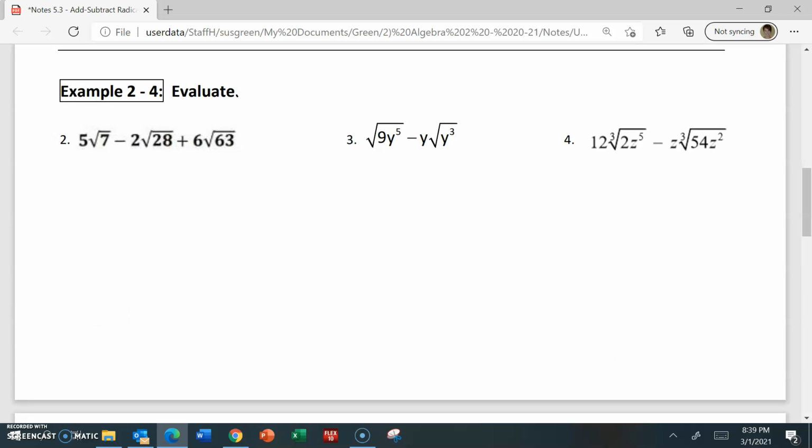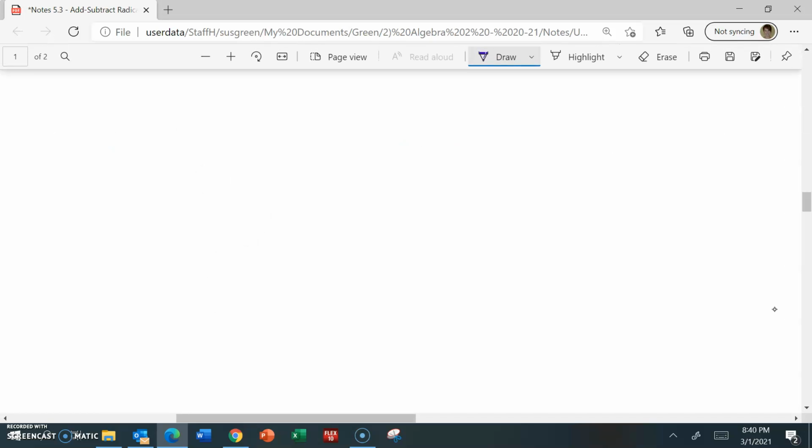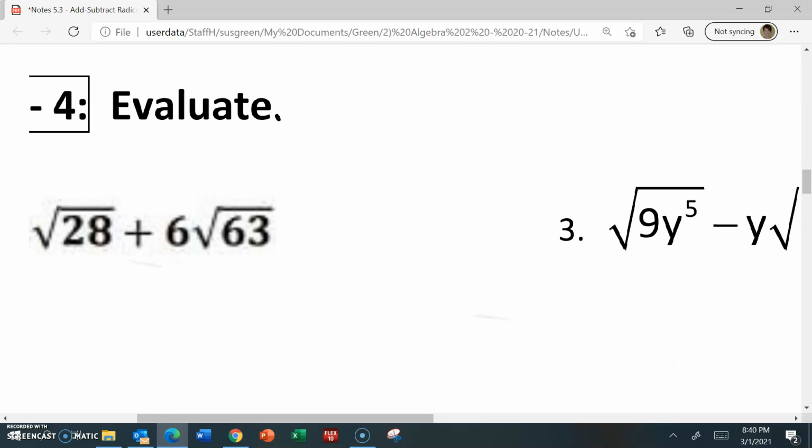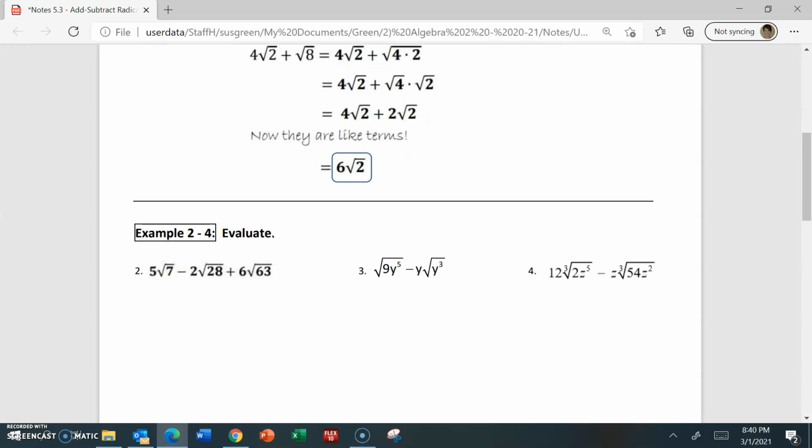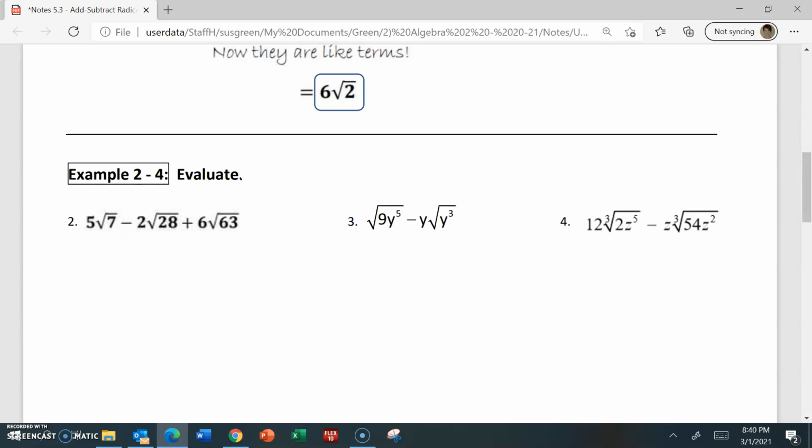So here we go. For number 2, we have 5 radical 7 minus 2 radical 28 plus 6 radical 63. I'm hoping by now you know how to simplify these. I know that 5 radical 7 is already simplified, so I'm going to go ahead and just write down 5 radical 7.